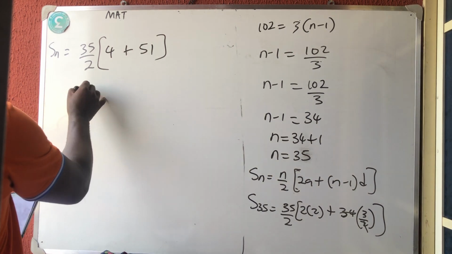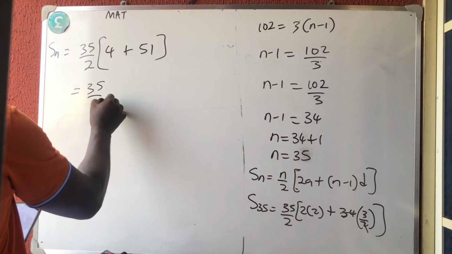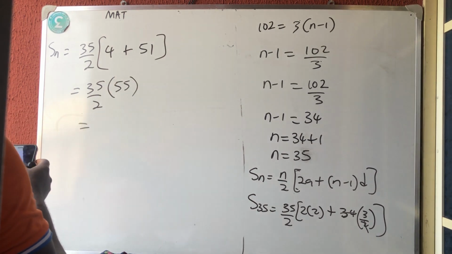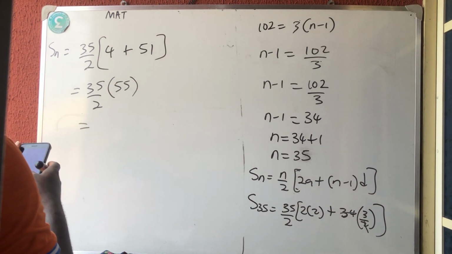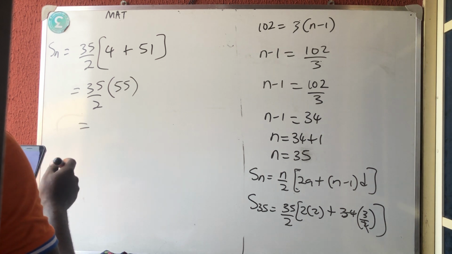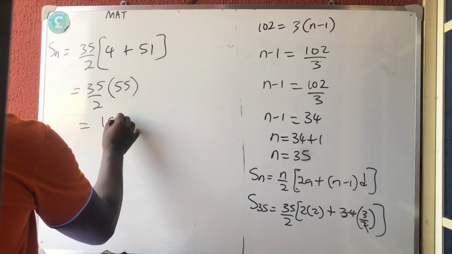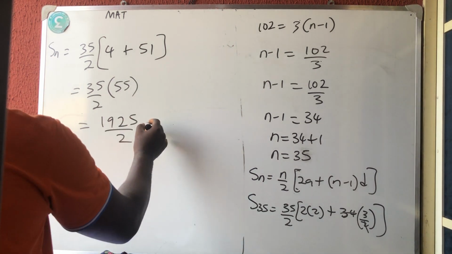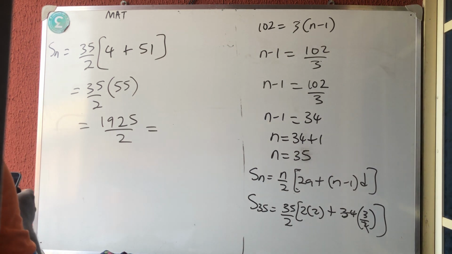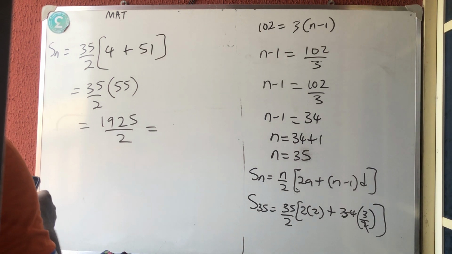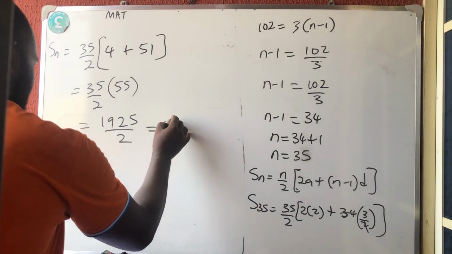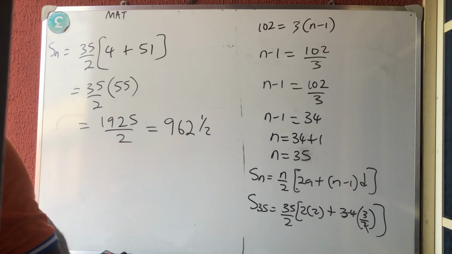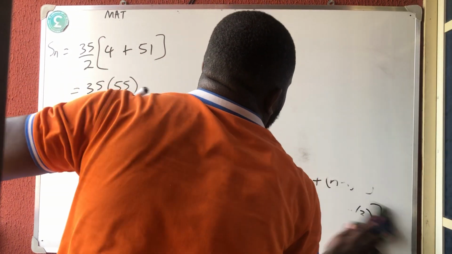I'm left with 35 over 2 times 55, plus 4. 55 times 35 gives 1925 over 2. If you put it as a mixed number, you have 962 1/2. That is the sum of the terms of that sequence.